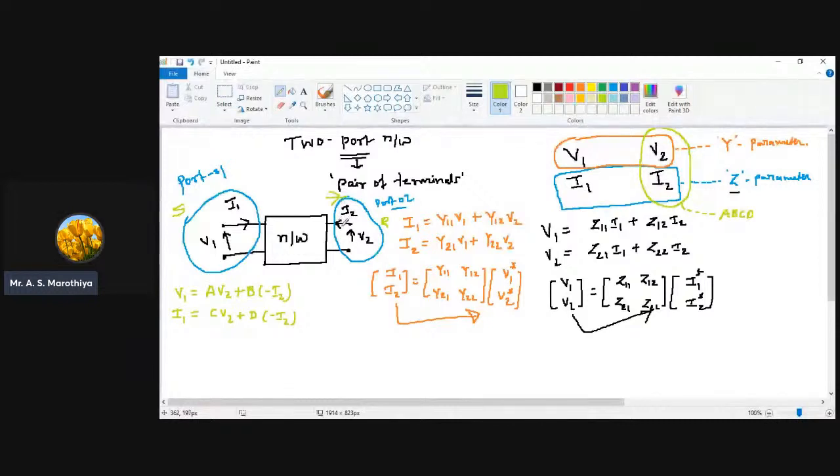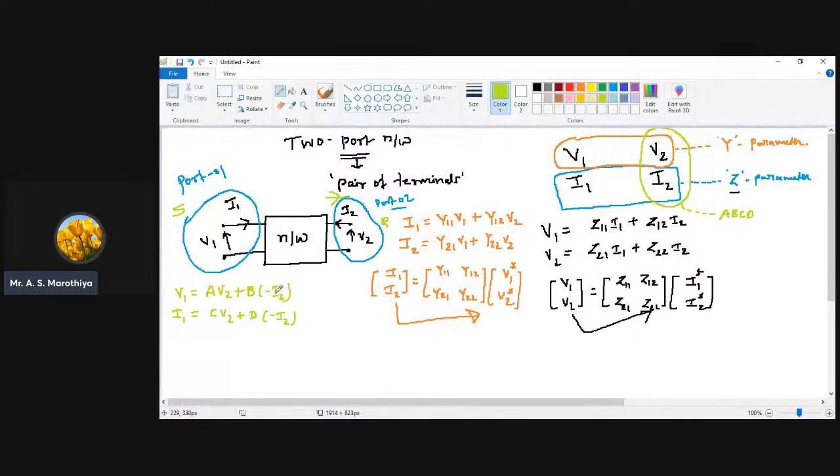But in the basic representation of two port network, we have taken the current flowing inside the network. In case of ABCD parameter representation, the current is moving in the outward direction with respect to the considered reference value, because there is exactly a 180-degree phase shift over here. That's why we have to take this negative sign into picture.